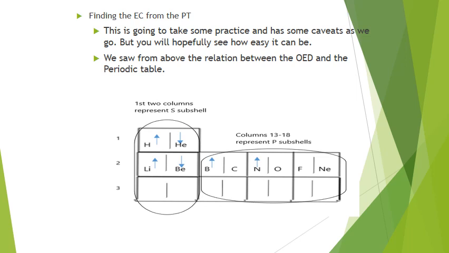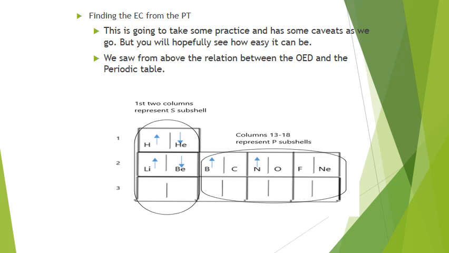So what we're going to do now is relate the electronic configuration to the periodic table. This is going to take some practice, and hopefully the diagrams I have and the way I'm going to explain will help. All right. First of all, what we saw at the beginning of this is that the periodic table can relate to the orbital energy diagram.